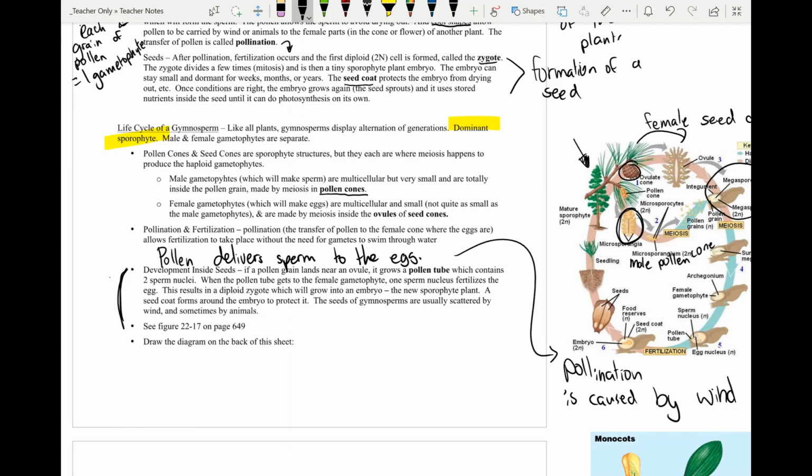It forms a seed coat to protect it, and then, depending on which, the seeds are scattered by the wind, sometimes animals. So again, we have this idea of wind moving the seeds around, or animals like squirrels will go into pine cones and take out the seeds and kind of hide them.